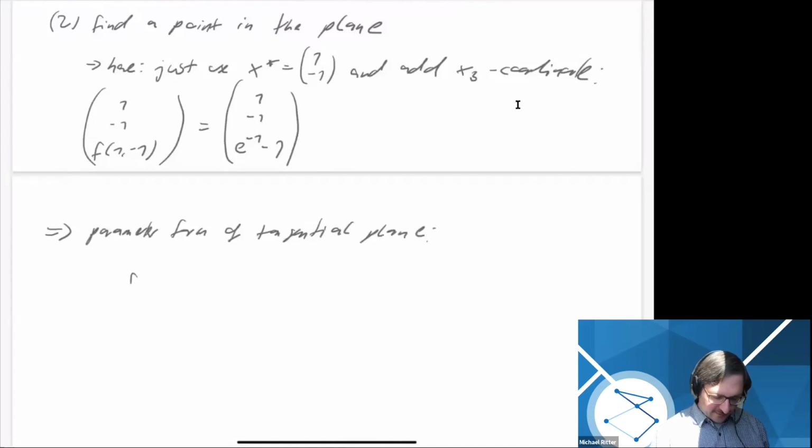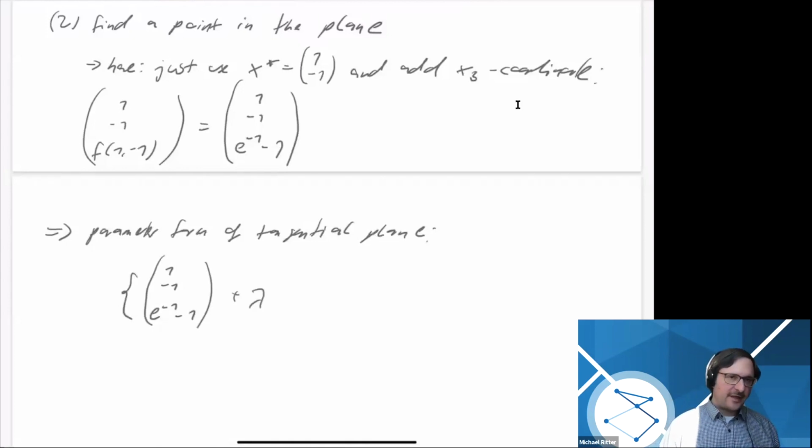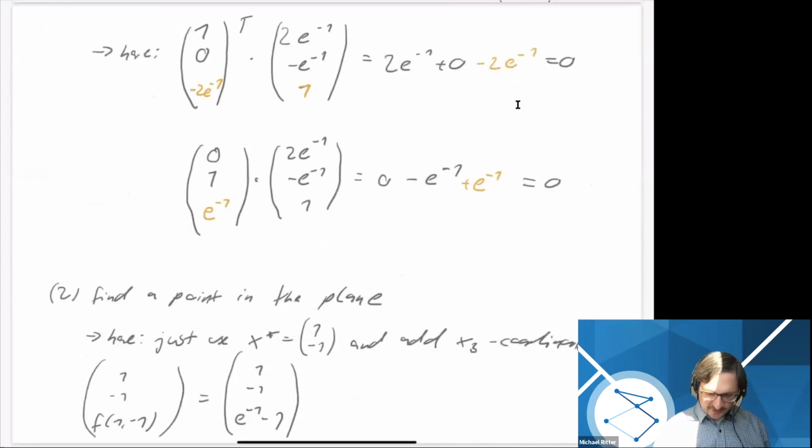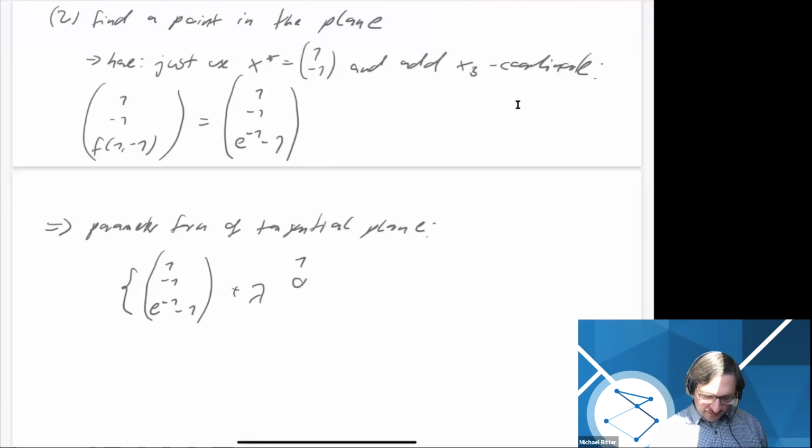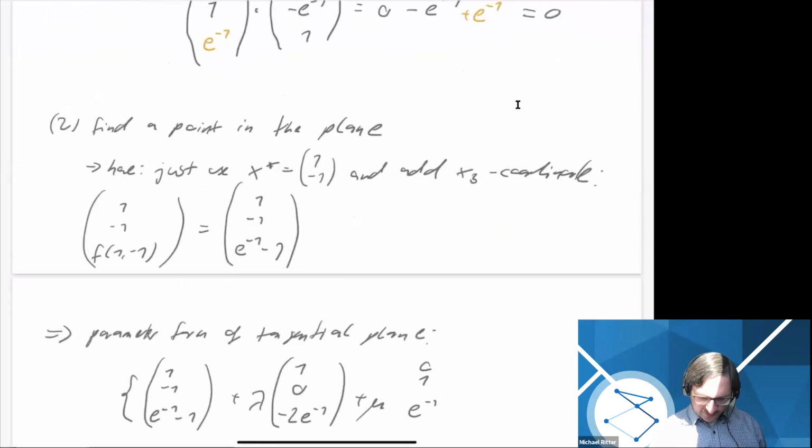We're starting with that point here, 1 minus 1 e to the minus 1 minus 1. And then the two directions inside the plane: lambda times the first direction, which was 1, 0, and minus 2 e to the minus 1. And the second direction was 0, 1, e to the minus 1.